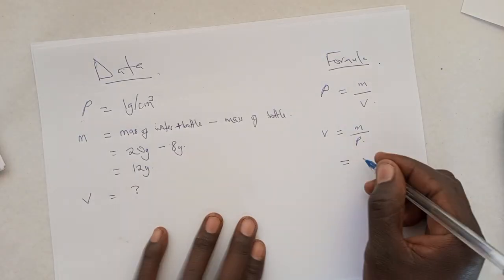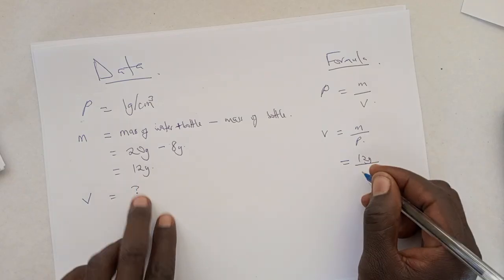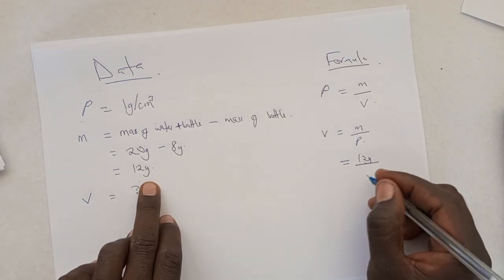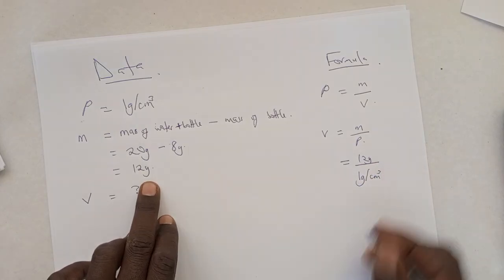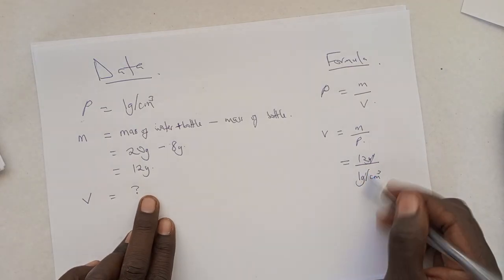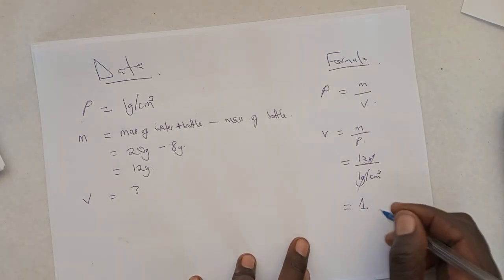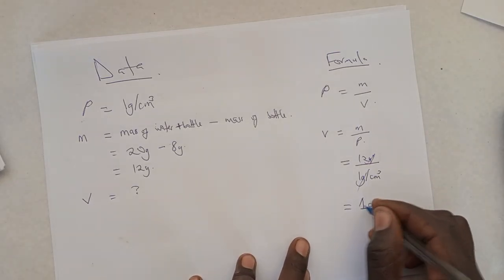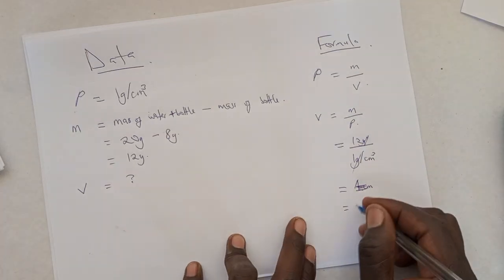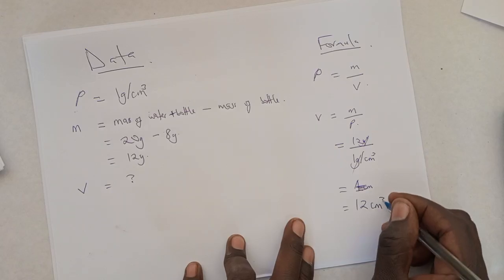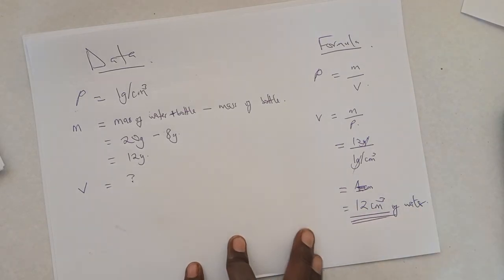So what is the mass that we have? The mass is 12 grams over, what is the density? The density is 1 gram per cubic centimeter. This gram cancels and this gram cancels, and then 1 into 12 is going to give us 12 cubic centimeters as the volume of water that has been put there.